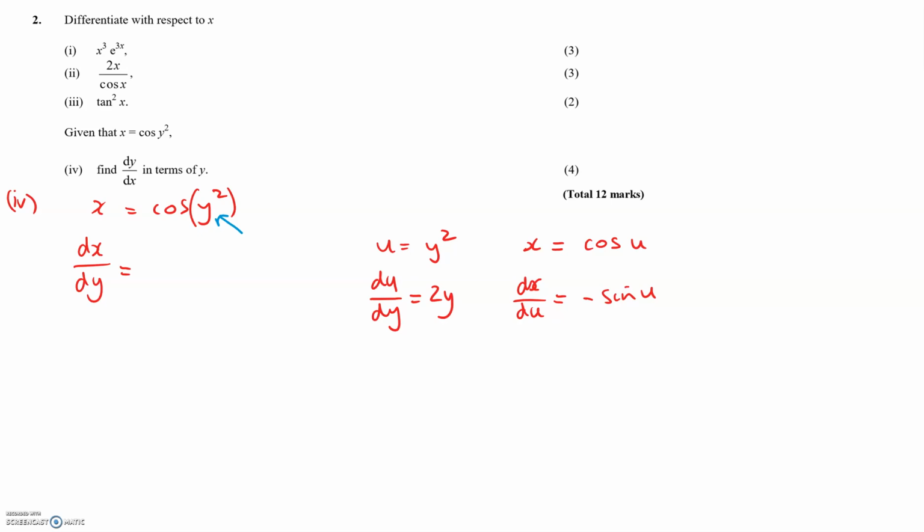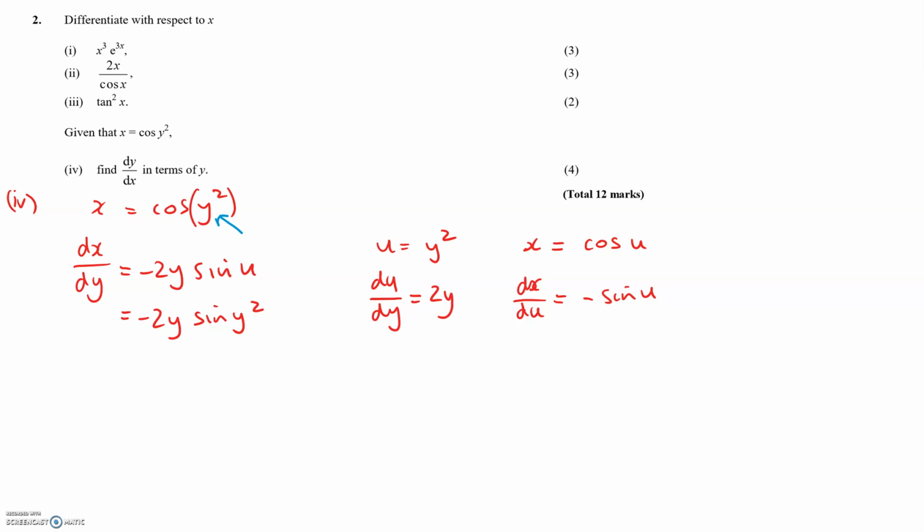So we can just multiply those two together. So you get minus 2y sine u. U is just y squared. So we get that.